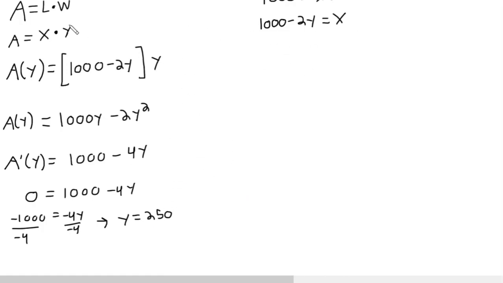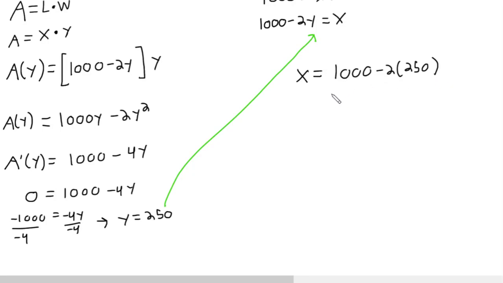So I'm just going to take this y and plug it in there to get my x. So my x is equal to 1000 minus 2 times 250. 2 times 250 is 500. 1000 minus 500 is 500. So x is equal to 500.